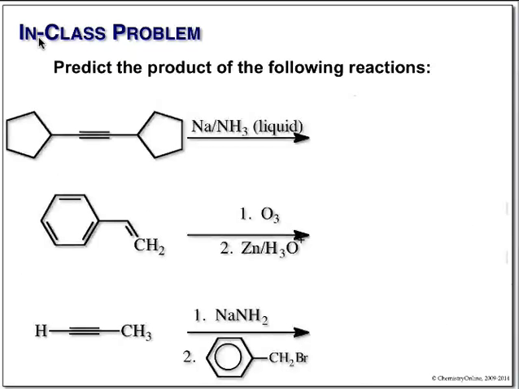All right, there was a little bit of confusion in everybody's mind about sodium and liquid ammonia. Remember, we know 2 reactions, this one and this one. When sodium is dissolving in liquid ammonia, it bubbles. That's hydrogen gas.